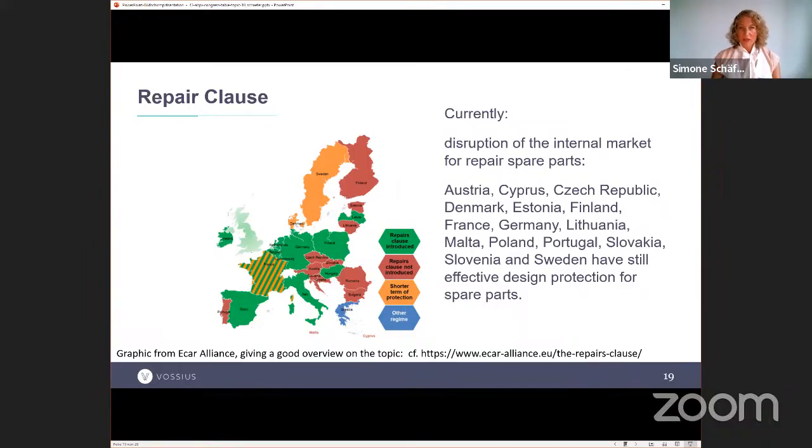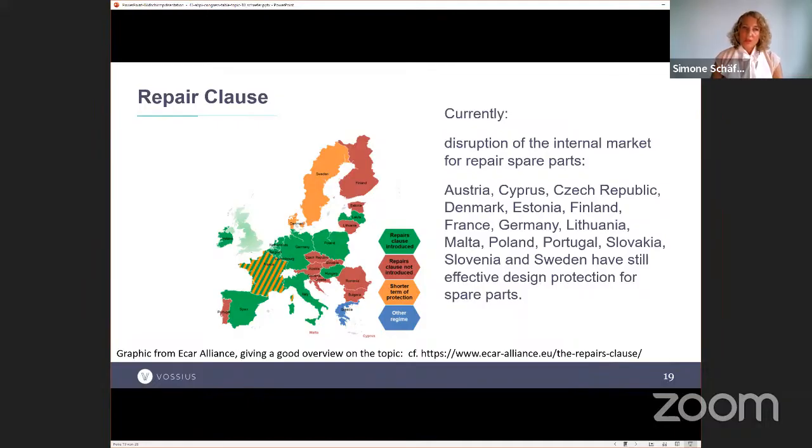As a side note, you may be aware of this: the 27 European member countries have 27 national design registers and 27 national design acts. So we have design law on a national basis. And the EU design covers the unitary right, covering as one design right the whole territory of the EU.